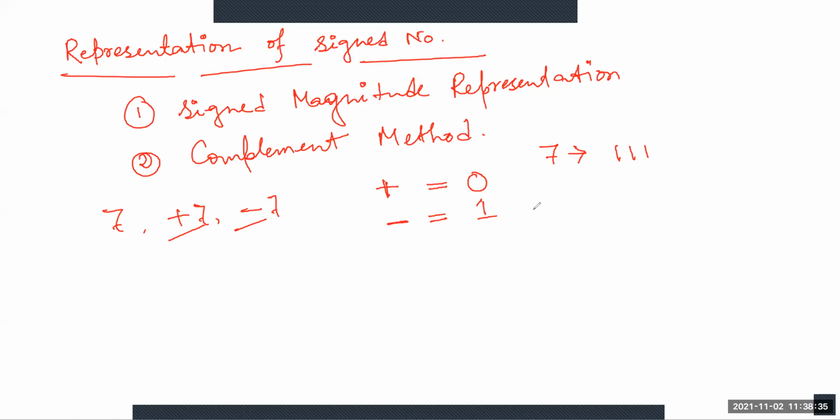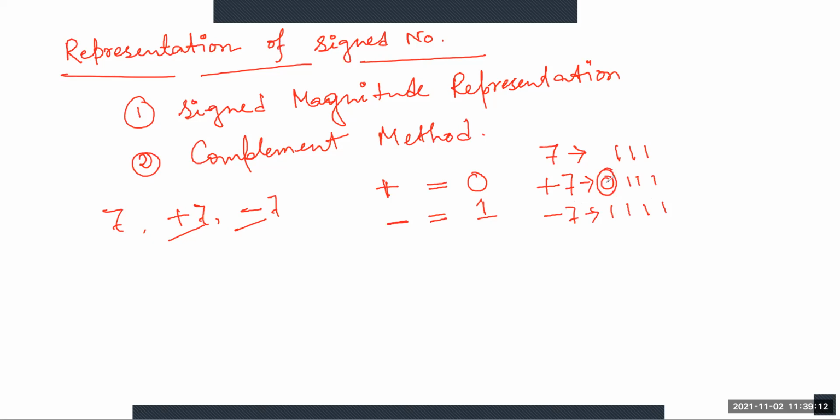So for +7, for plus always here 0 and 7 means 111. So +7 means 0111 and -7 means 1111.